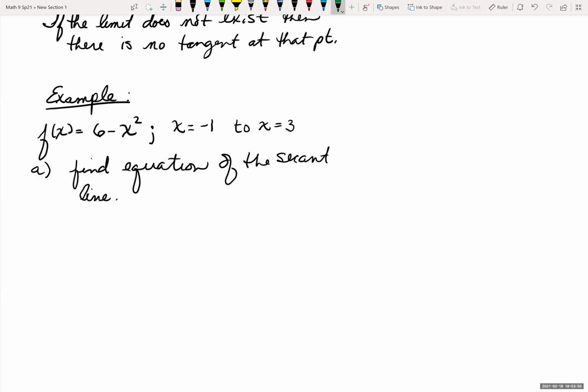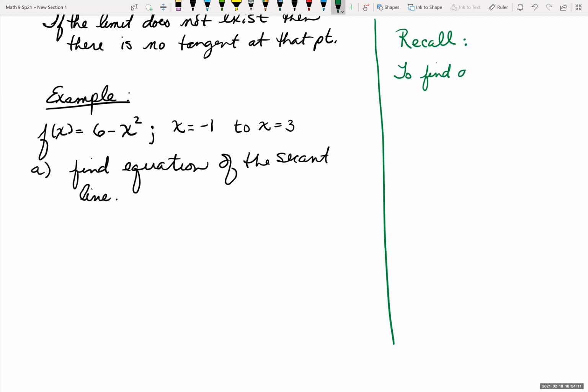Okay, so I just kind of want to recall real quick. To find an equation of a line, you need 2 things. And if you don't have those 2 things, you can find those 2 things.